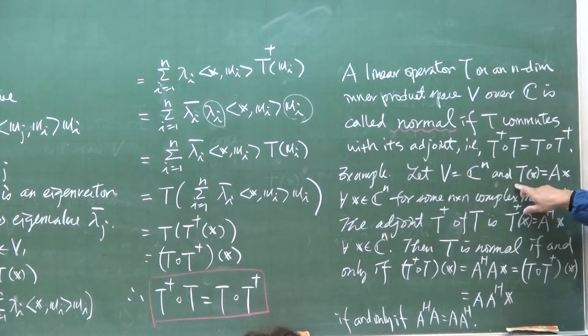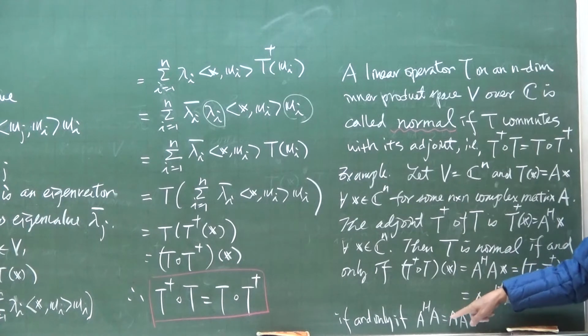So if we consider a linear operator on C^n by using an n times n complex matrix A, then T is normal if and only if A^H A equals A A^H.